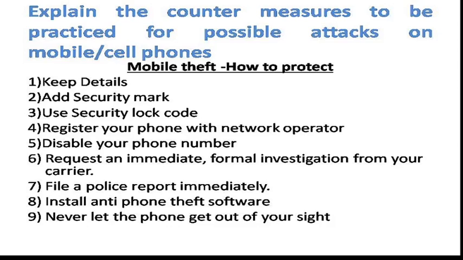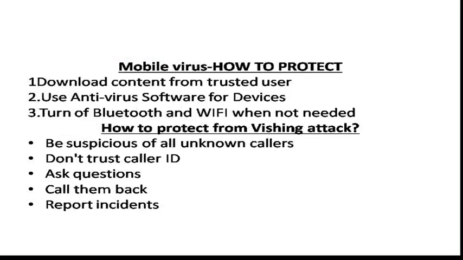Then file a police report immediately, and install anti-phone theft software so that even if you lose your phone, no one can enter into your data. First thing is never let your phone out of your sight. So these are the things we have to follow to protect against mobile phone theft.